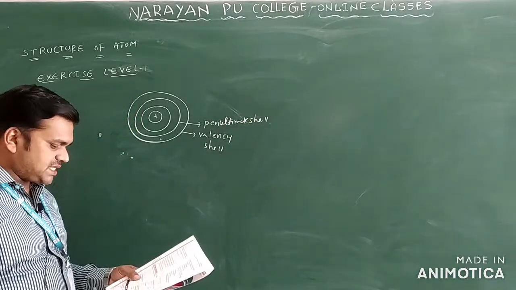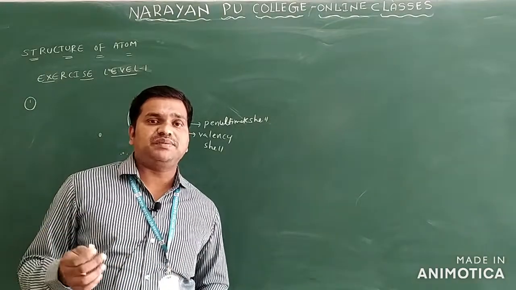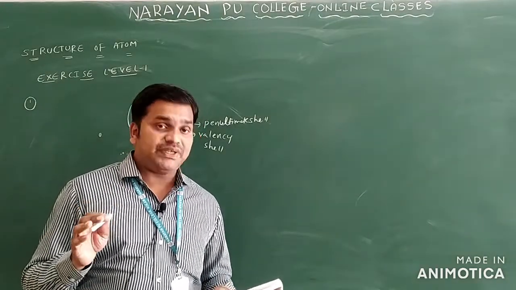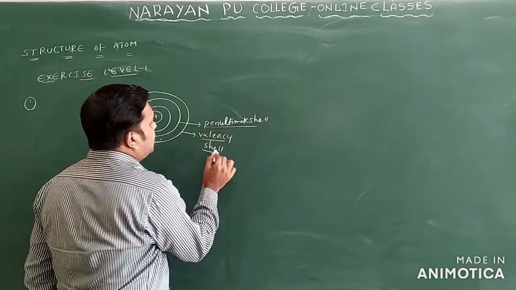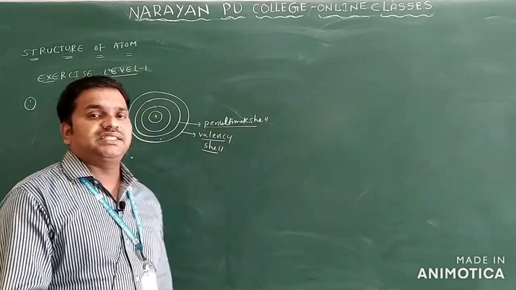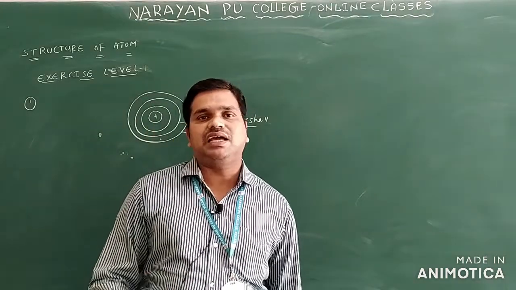Okay, the question they are asking here: if you take any species of the following species, it contains the same number of electrons in the penultimate shell and the valence shell also.